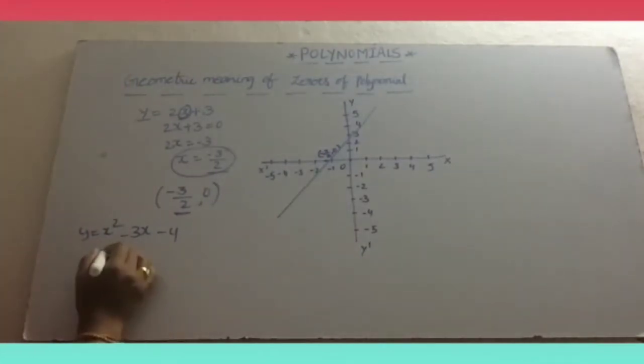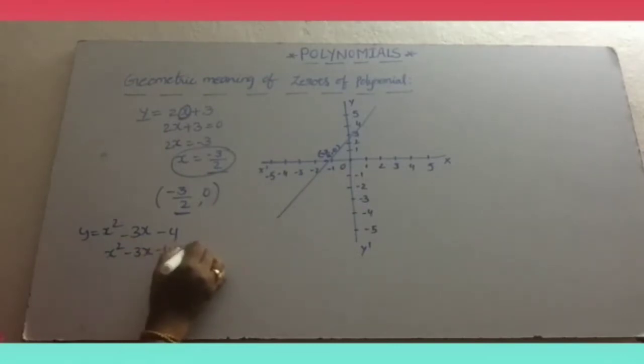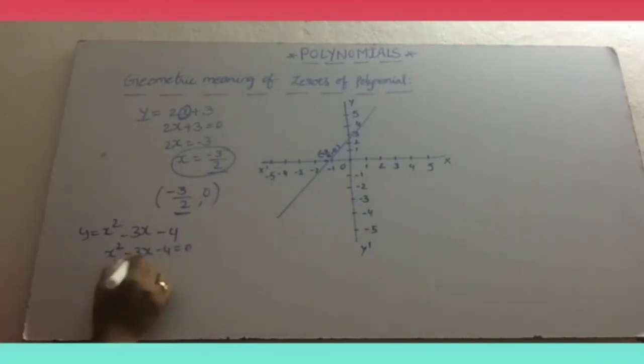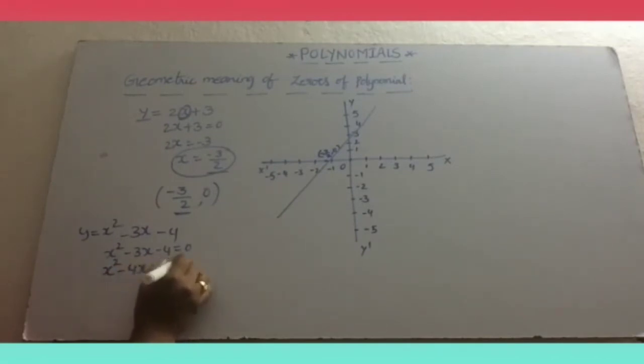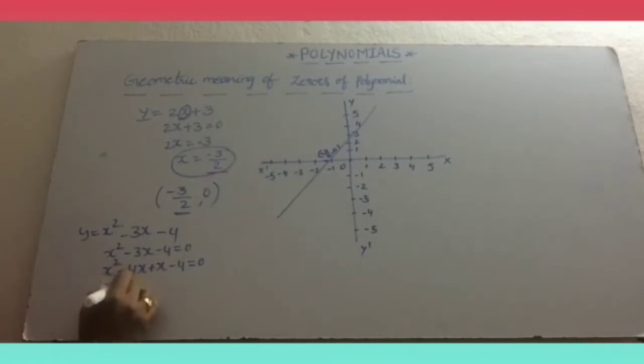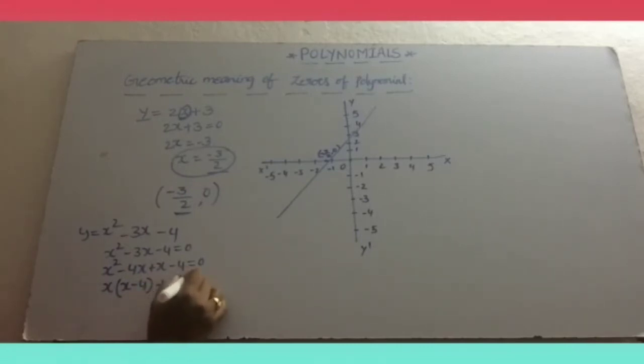Factorize this polynomial. x square minus 3x minus 4 is equal to 0. x square minus 4x plus x minus 4 equal to 0. Now take x as common: x into x minus 4 plus, and here take 1 common, 1 into x minus 4 equal to 0. So x plus 1 into x minus 4 equal to 0.